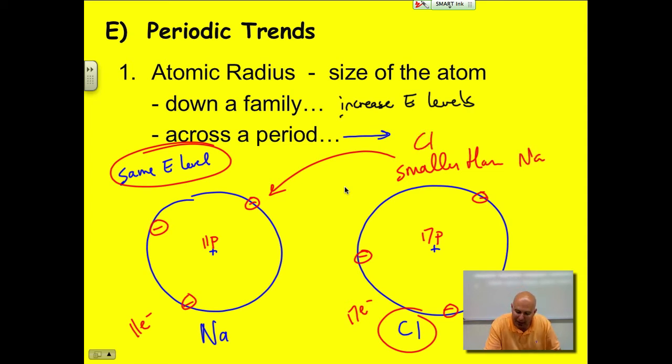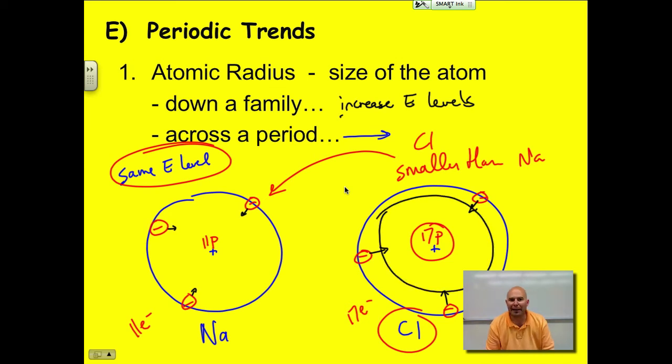The reason is you have more pull by the protons. So 17 positive charges versus 11 positive charges pulls harder. So you're going to get this shrinking, this sucking in a little bit of the chlorine atom.